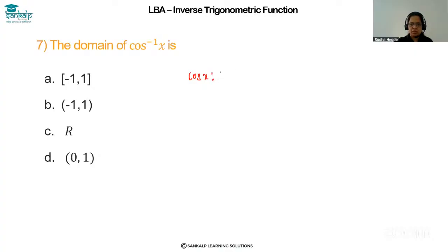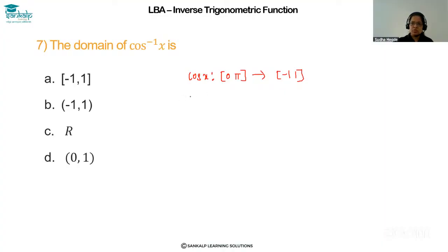It is 0 to pi, to minus 1 to 1 closed interval. So here it is bijective. So one-one and onto, therefore codomain must be equal to range.